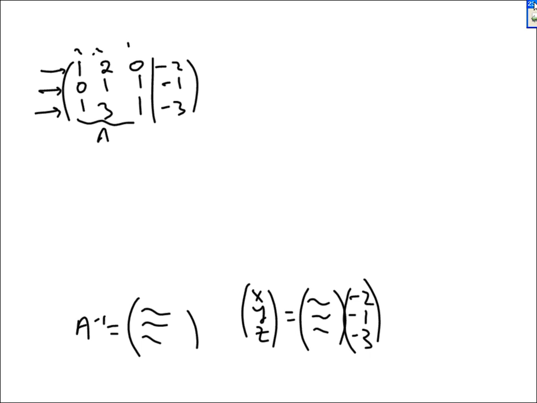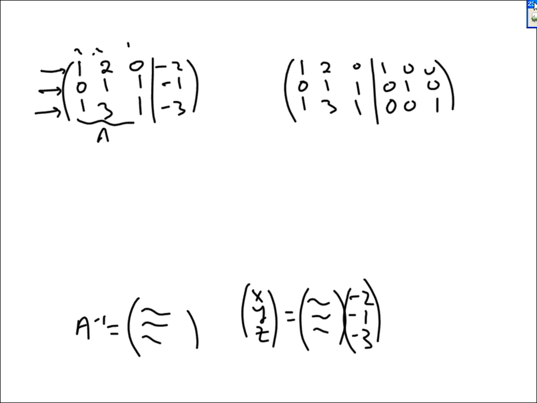Okay, now, again, to find A inverse, you would have to do this: 1, 2, 0, 0, 1, 1, 1, 3, 1, next to 1, 0, 0, 0, 1, 0, 0, 0, 1. You would have to reduce this. You want to get the identity matrix here. And while you're reducing this, you have 3 columns to reduce.